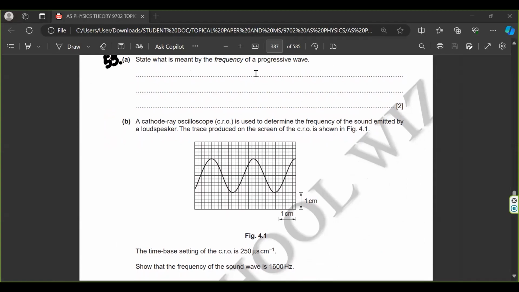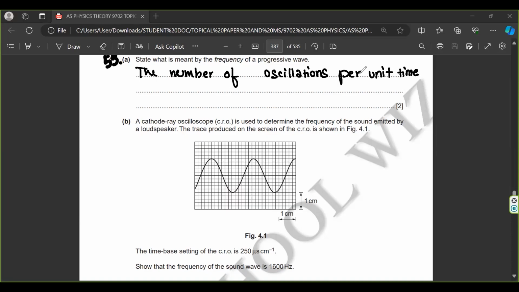The frequency of a progressive wave can be defined as the number of oscillations per unit time. If you write this, you will gain 1 mark.